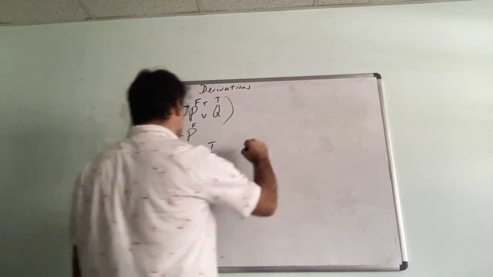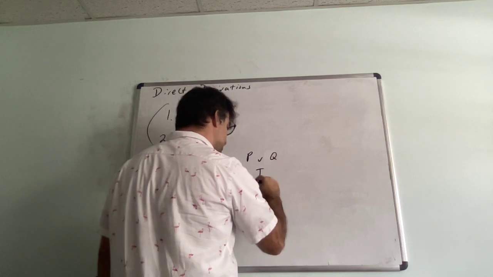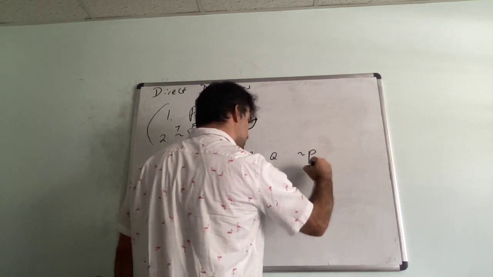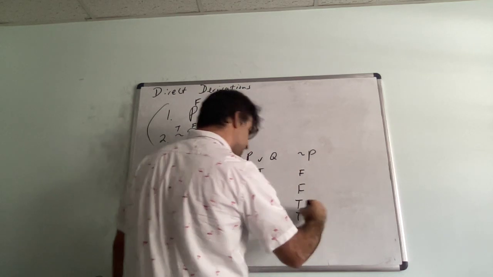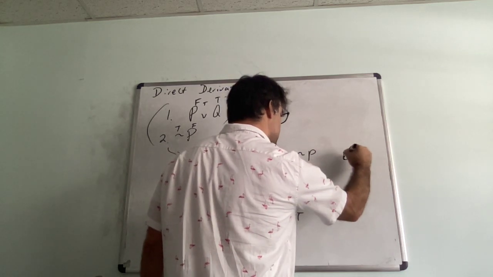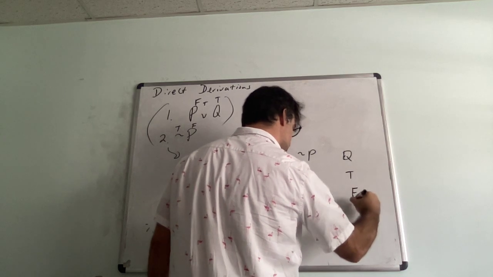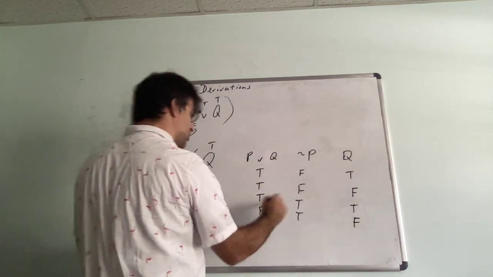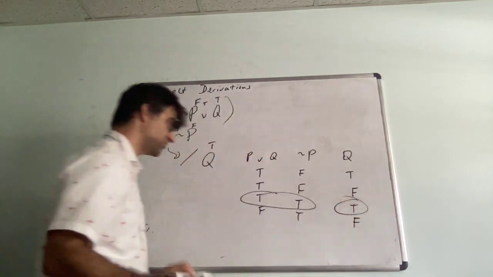And you could test that with a truth table. The premises of the argument are both true only in this row, and the conclusion is also true.